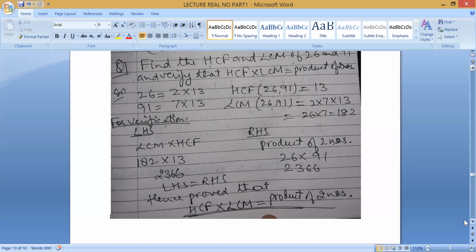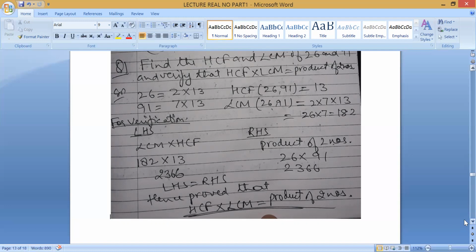So 2 into 7 into 13, you will get 26 into 7, that is 182. Now LCM of 26 and 91 is 182, and HCF of 26 and 91 is 13.